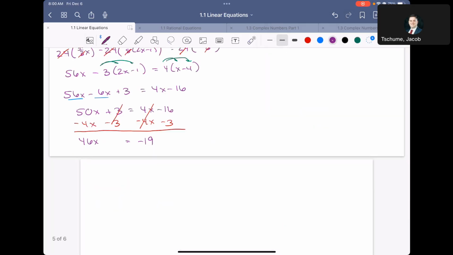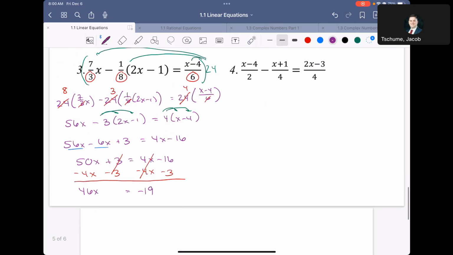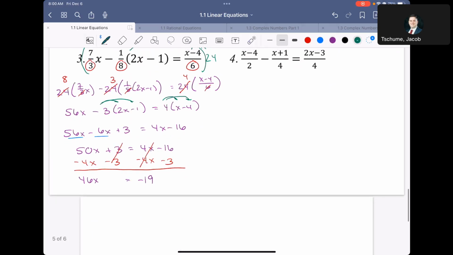I'm going to add a new slide so I have a little bit more room. And then your last step here, like we've always been seeing, is to divide both sides by 46. And so that will cancel, and you end up with a final answer of x equals -19 divided by 46.